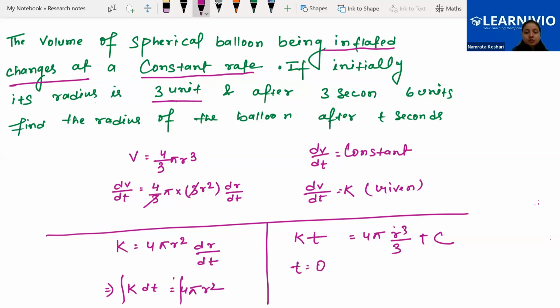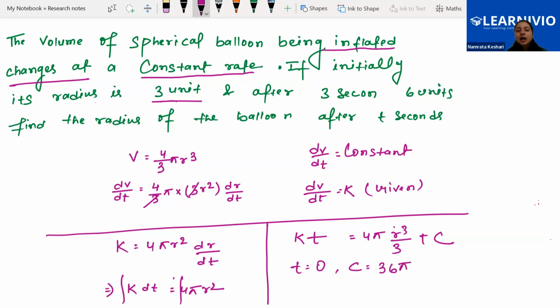Find the value of c, Murtaza. Okay, c is 36 pi.